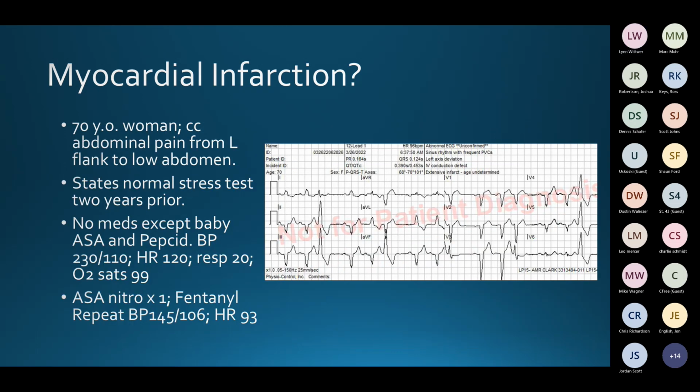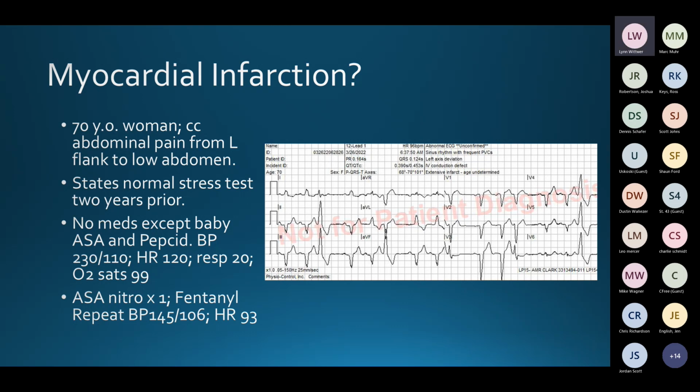Now, here's another one. A 70-year-old lady with abdominal complaints. The chief complaint was abdominal pain. She said it started in her left flank and went to her low abdomen. She told the medic that she had a normal stress test 2 years prior.